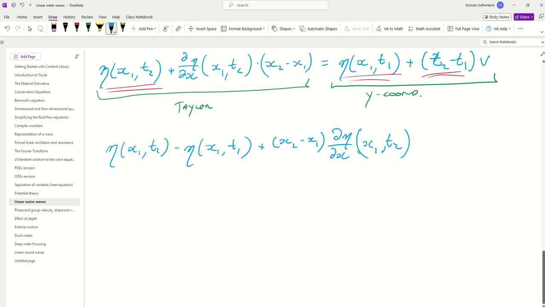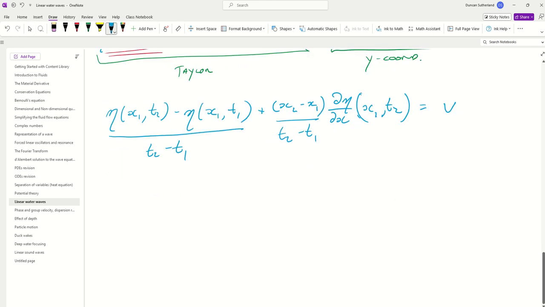Now on this side, I actually have (t2 minus t1) times v. I'm going to divide by t2 minus t1.